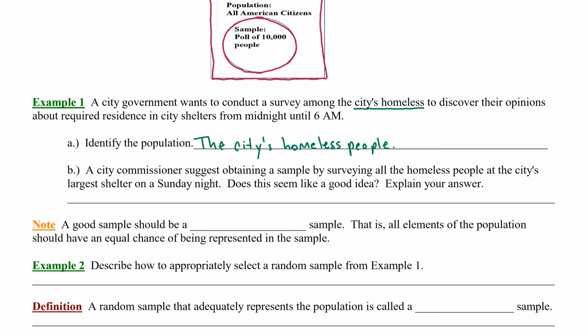So this is probably not a good idea if we want to get an accurate measure of the public opinion about this proposal. So this is not a good idea because the homeless people not in a shelter are not represented.